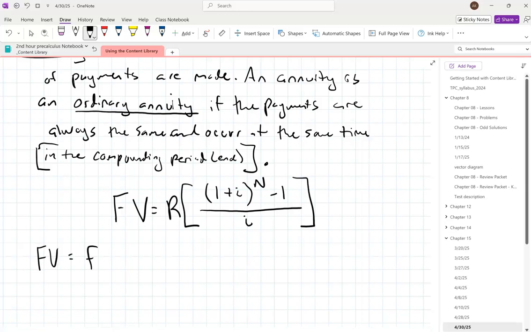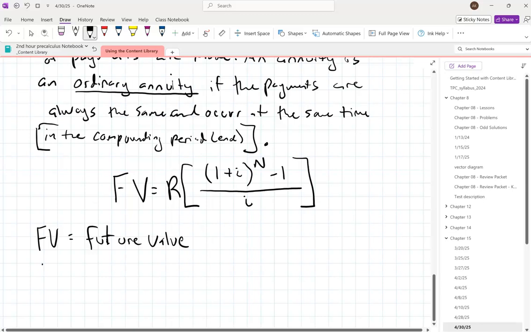FV is again future value. R is the size of that ordinary payment.